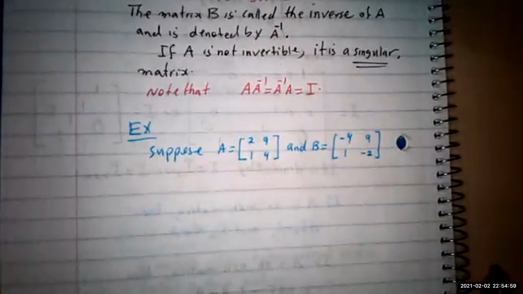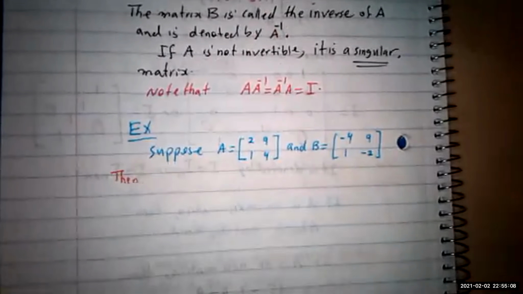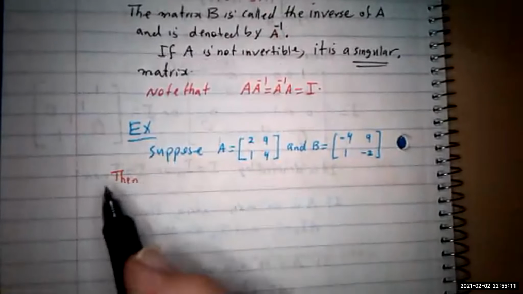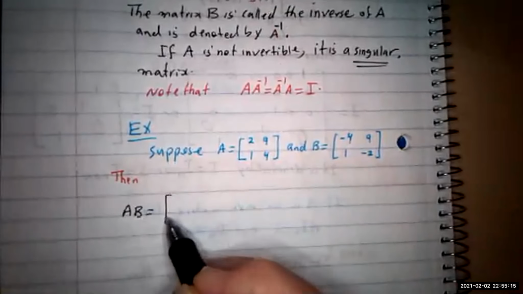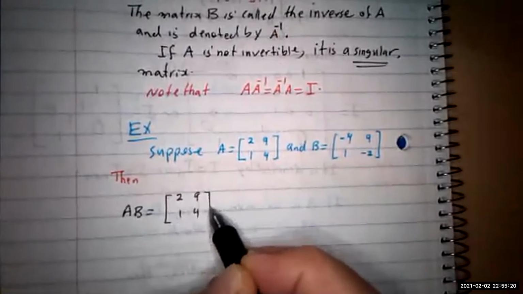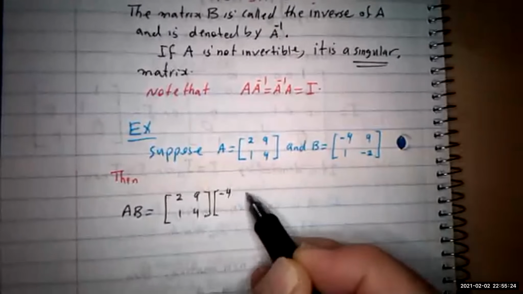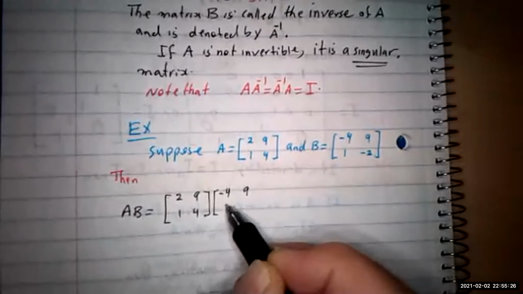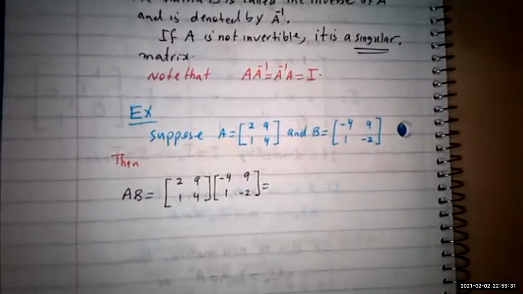If this is given to you, we want to show that they are inverses of each other. Let's multiply them together. A times B, so this is [2, 9; 1, 4] multiplied by B.